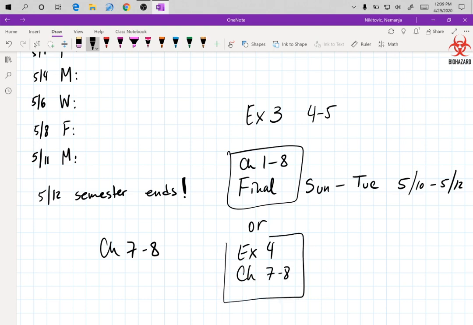Now, you guys will have a choice what you want to take. Final will have 7 and 8 on it. Exam 4 will have 7 and 8 on it.